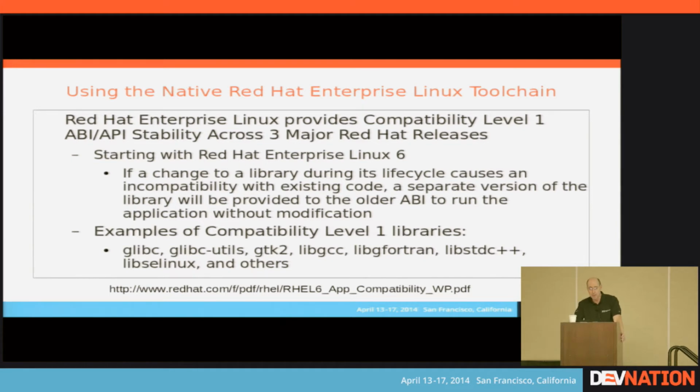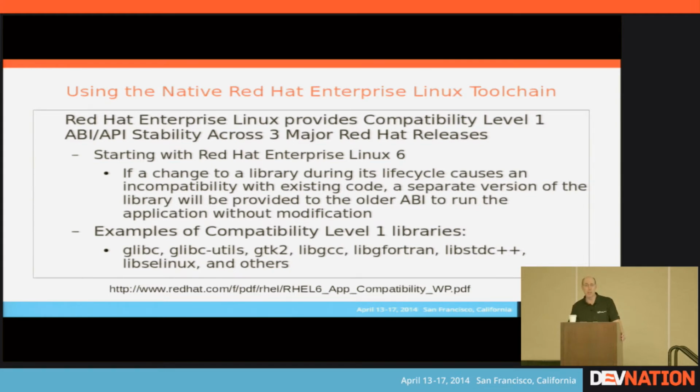So starting with Red Hat Enterprise Linux 6, the current version of RHEL available today, if a change to a library during its life cycle causes an incompatibility with any of the existing code, a separate version of the library will be provided to the older ABI to run the application without modification.